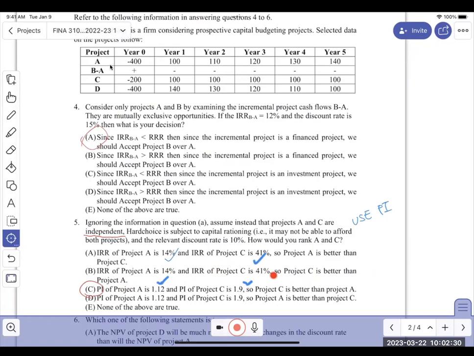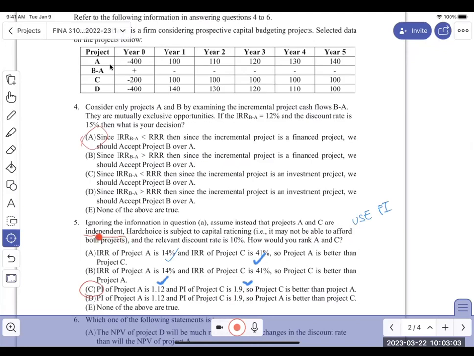That's not necessarily the case in general, that the IRRs will be in the right rank order as the profitability index. All right, so you should look at the profitability index if you have capital rationing. And I'm not saying you can't afford both, or you can only afford one, but if you had to choose which one is the best, C is the best.